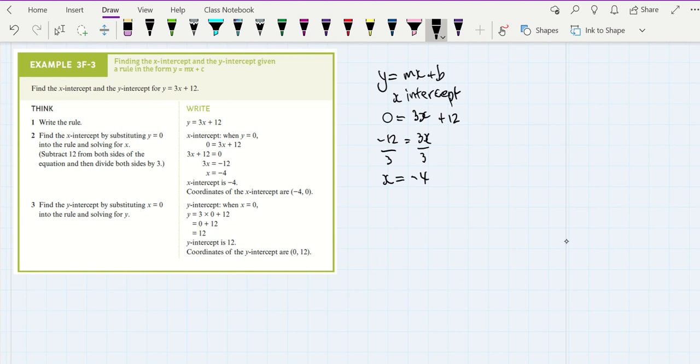So let's write our coordinates. When x equals negative 4, y is 0. So that's our first set of points. Now let's put in a y-intercept.